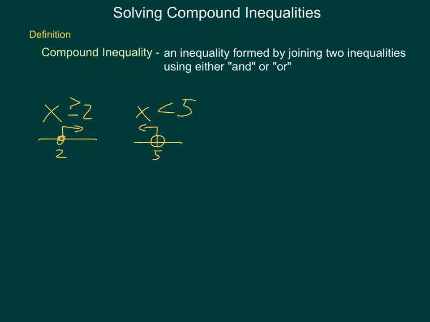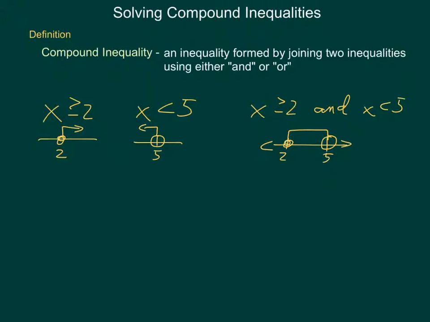I can combine these by saying x is greater than or equal to 2 and x is less than 5. So now on my number line, I have 2 and I have 5. I'm not including 2. I am including 5. And it's everything in between those two spaces.